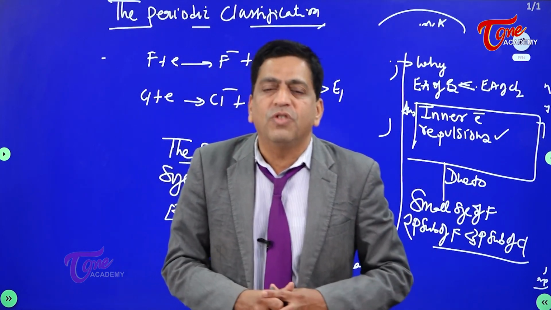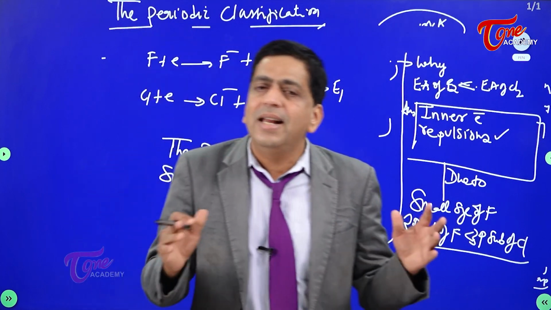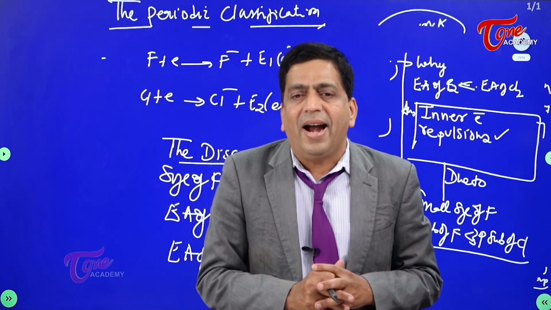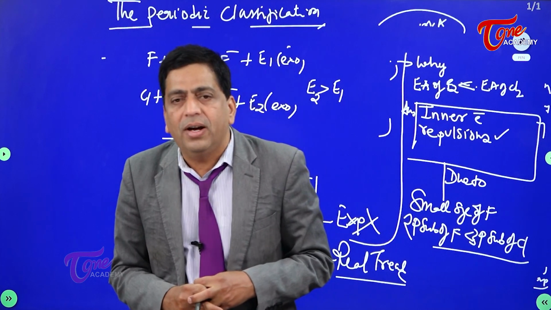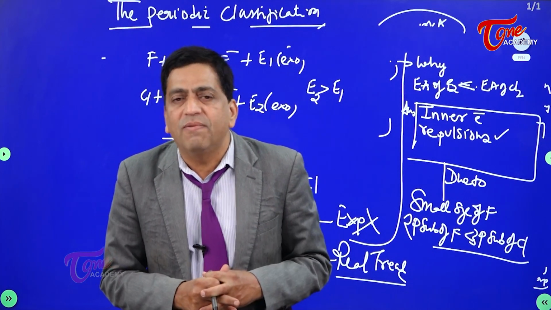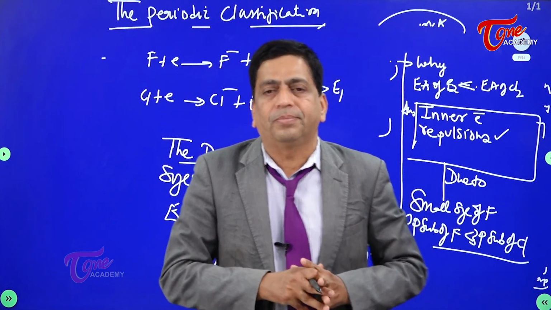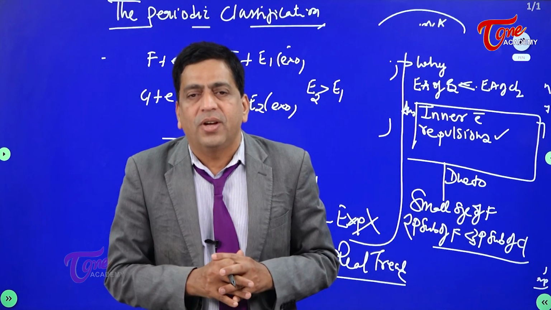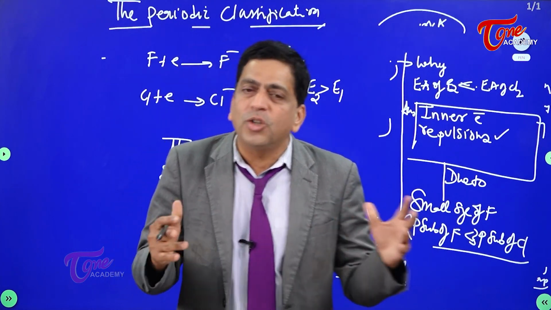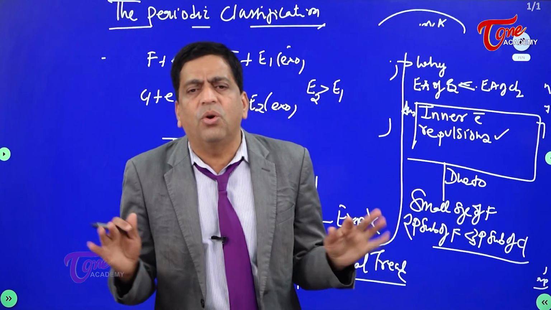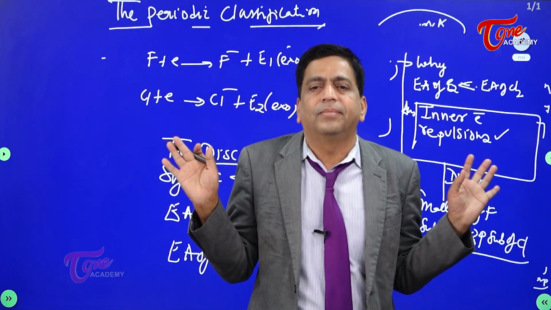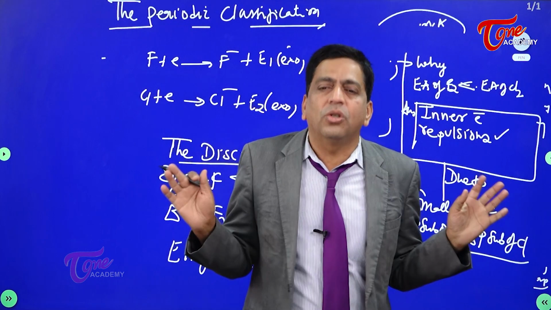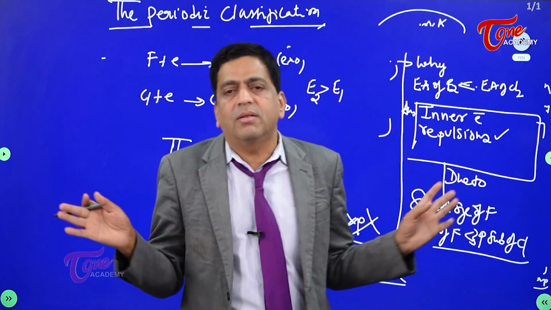One of the options which he will be giving is inner electronic repulsions. And he might ask you the other way around: the inner electronic repulsions in fluorine is because of what? You can simply say the smaller size of fluorine. In fact, any question with regard to fluorine is because of its small size.